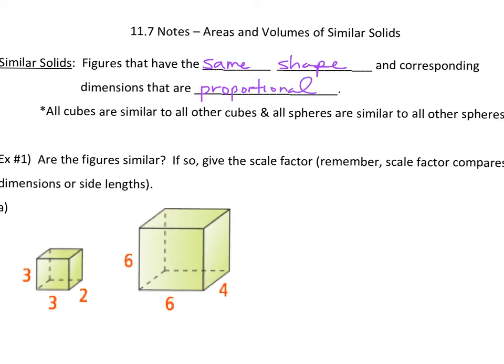Okay, so same shape, as in one is a cube, the other one's a cube, or one is a rectangular prism, the other one's a rectangular prism. But then there's corresponding dimensions or corresponding sides have to be proportional all the way through.